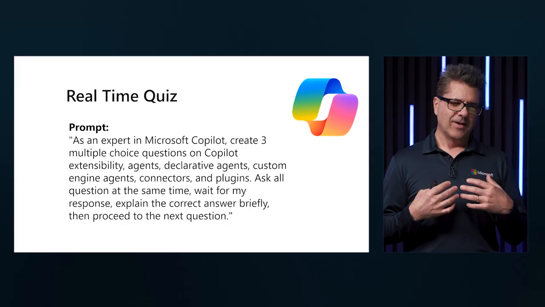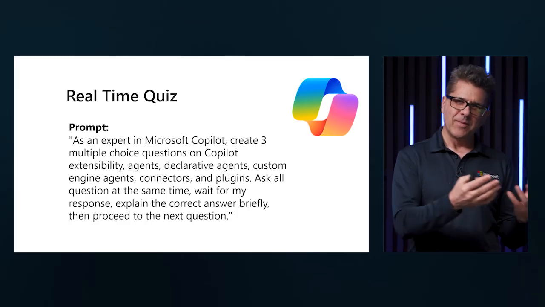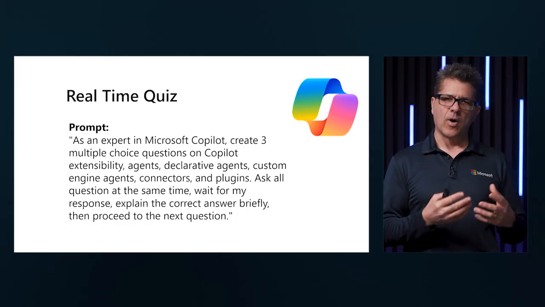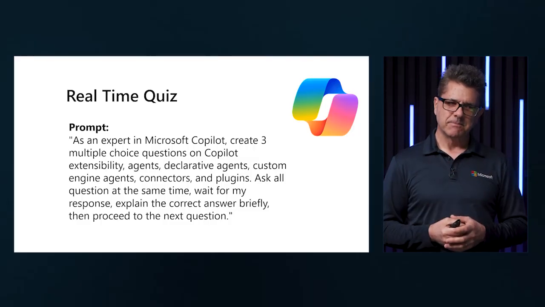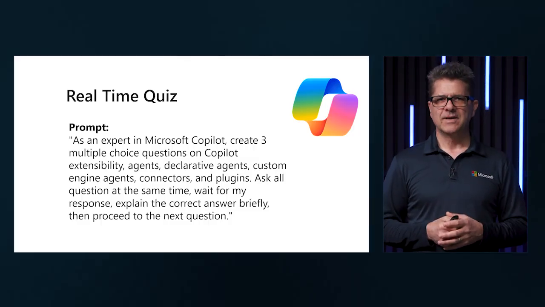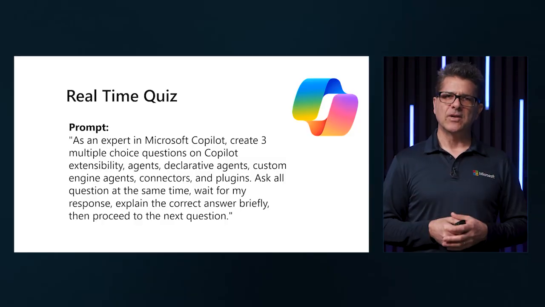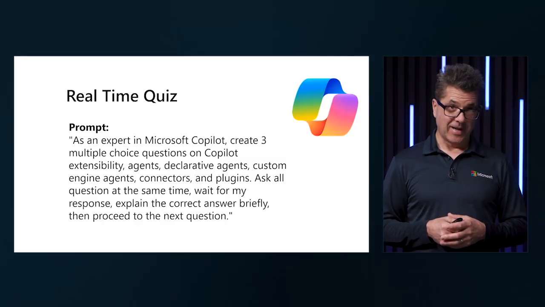So from now on, when I need to learn something, I am going to leverage a prompt like this that builds a knowledge check instantaneously. So let's run this prompt and see what we get as a knowledge check. Are you ready? Let's do it.